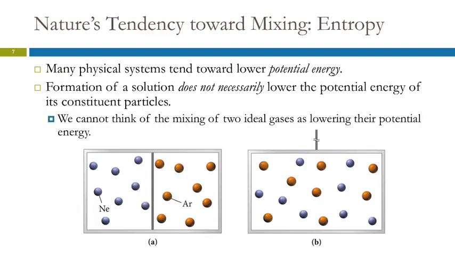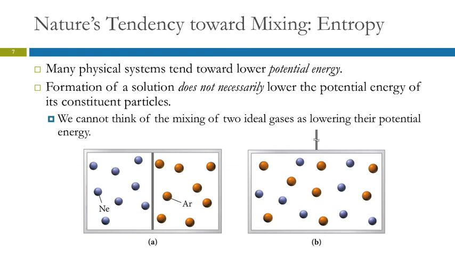So if we go back to the picture, here neon has kinetic energy. Its kinetic energy is confined to half of the box. Argon has kinetic energy. Its energy is confined to half the box. When we allow them to mix, now neon's energy is spread out over the whole box, and argon is also spread out over the whole box.